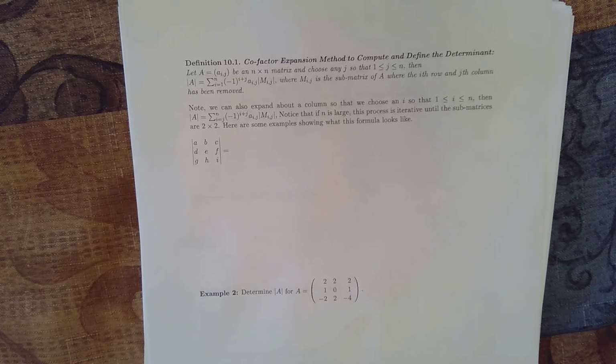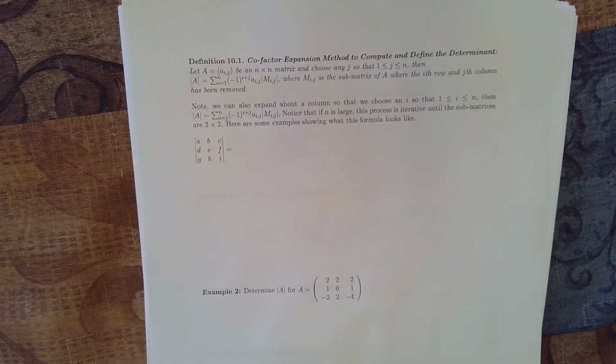So let's see a couple of examples of trying to find the determinant of a 3 by 3 matrix using cofactor expansion. There's no numbers here, but there's multiple ways to do this cofactor expansion.